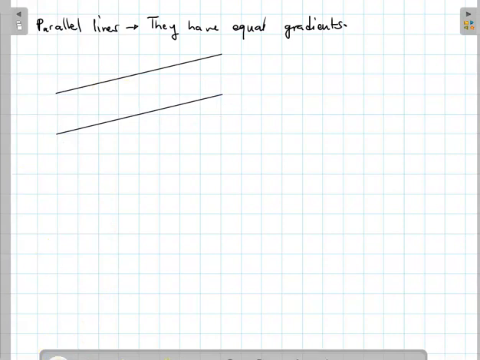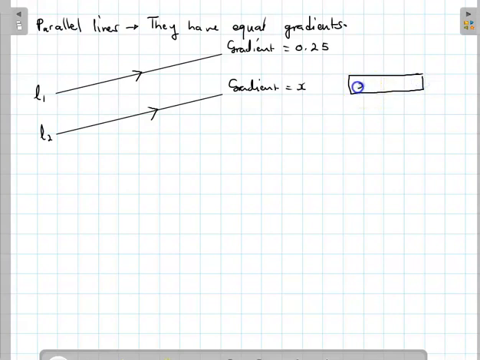If I tell you that these lines are parallel, like this, and I tell you that the gradient of line 1 is 0.25 here, and I tell you that here the gradient is x, so you automatically know that x equals 0.25. That's all.